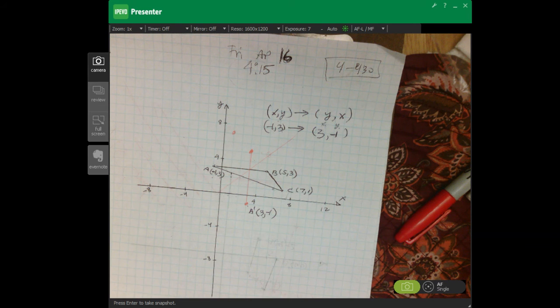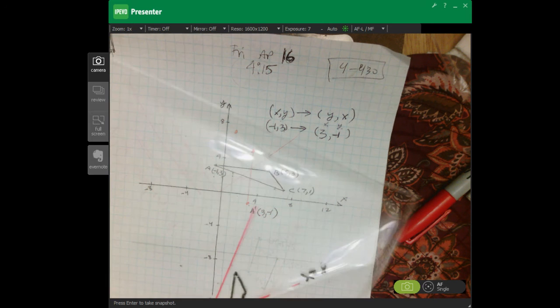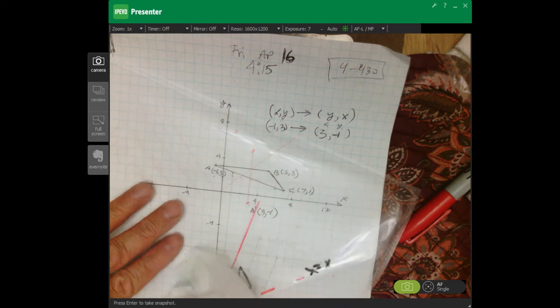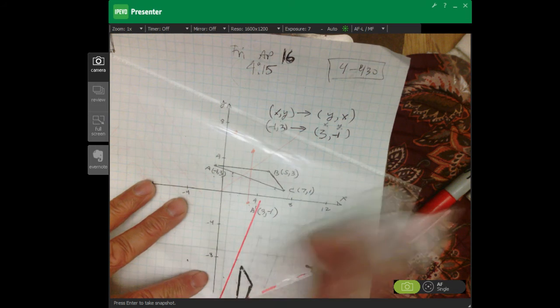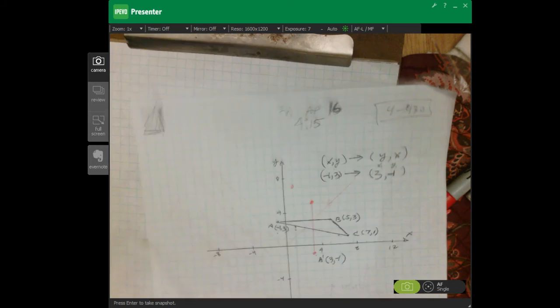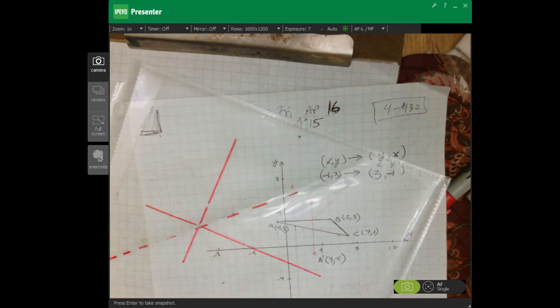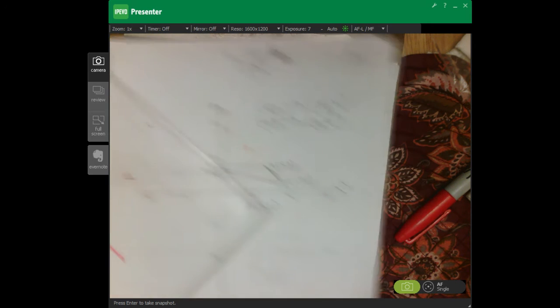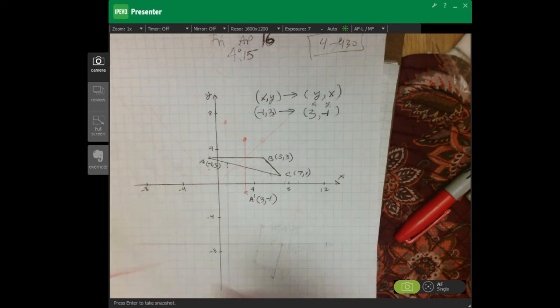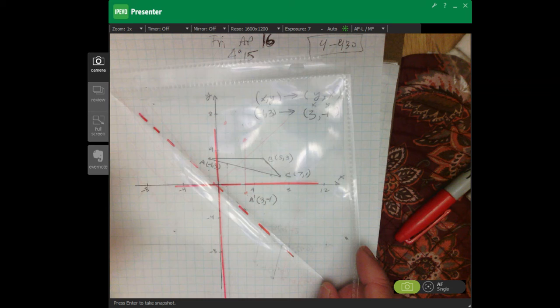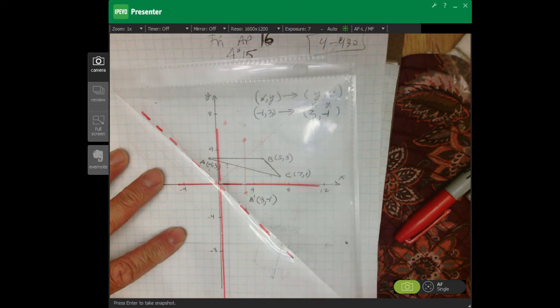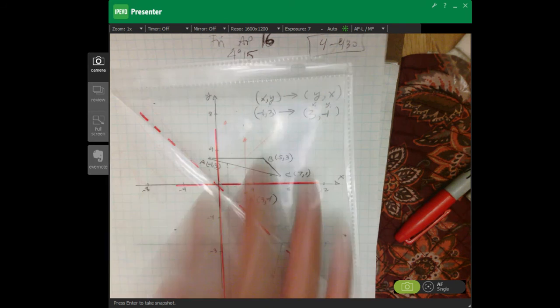For the line y equals -x, it's almost the same. Well, it is the same. The rule is slightly different, but the method where we're going to be counting to the line or flipping or folding it is exactly the same.